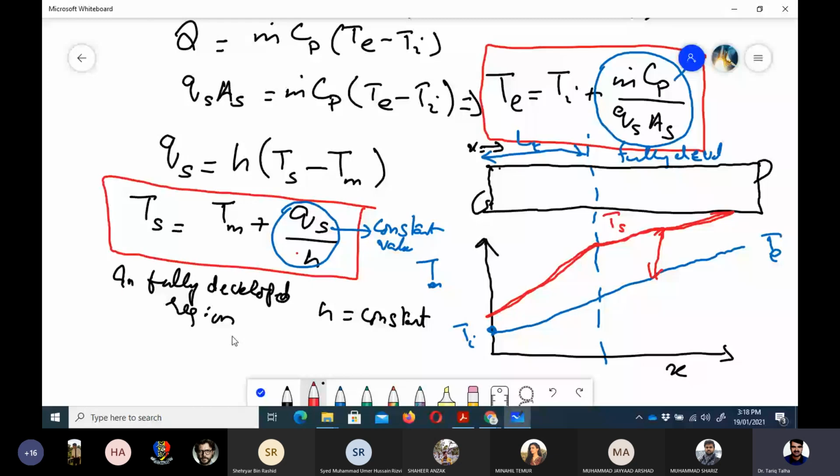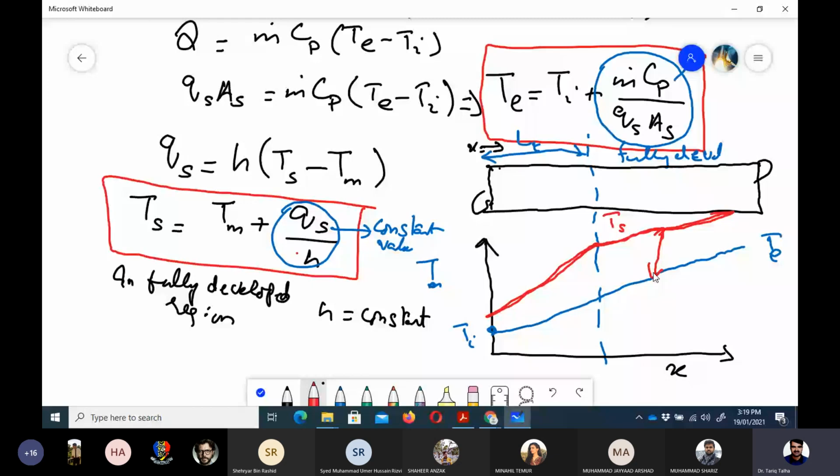Now, because we usually deal with fully developed pipe flow, since usually the length of the pipe is far greater than the entrance region, we can safely consider it a fully developed flow.